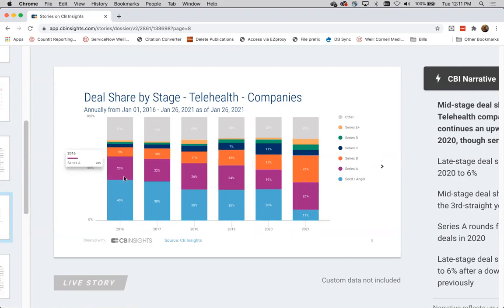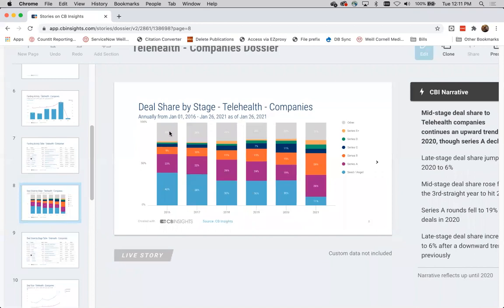So this gives you an idea of the companies that are in the telehealth space and where they are in their series. Five years ago, there was a ton that were in the very early stages, and now there's more and more companies that are moving up and fewer companies that are entering the space. So if you were thinking about entering the telehealth space, this might be something you would want to look into.